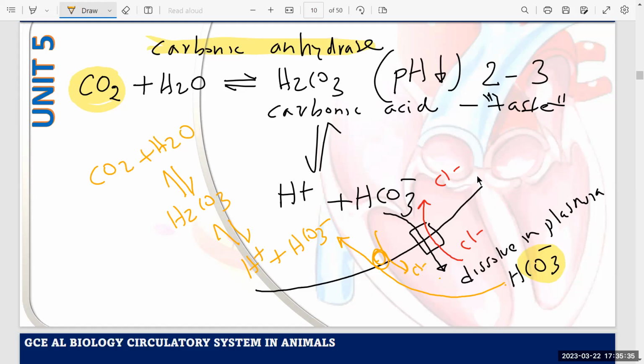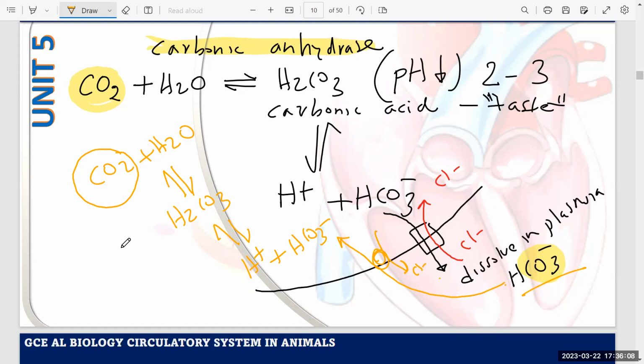So the black color reaction takes place in the respiring cells. The orange color one takes place in the lungs. So carbon dioxide re-forms. Then carbon dioxide can go out from the body as gas. So this is ion, this is a gas. Just like an ion converts into gas.